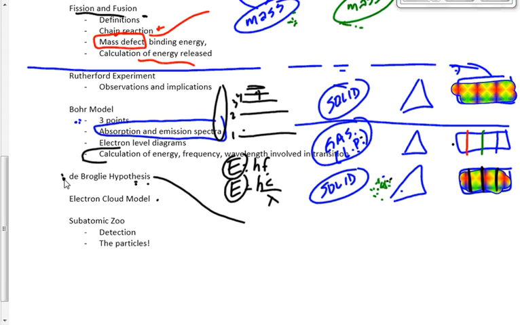And finally, we talked about the detection of subatomic particles. Remember, we talked about the cloud chamber and the bubble chamber. They worked in opposite ways, right? The cloud chamber had a gas, dust-free air, that was supersaturated with alcohol or water.